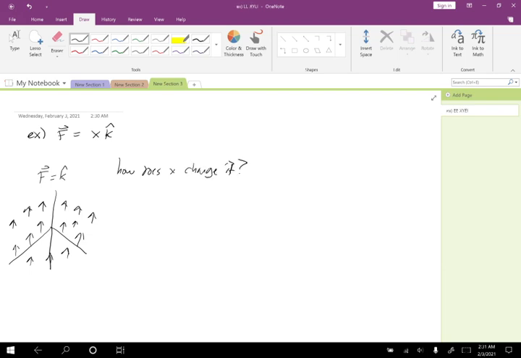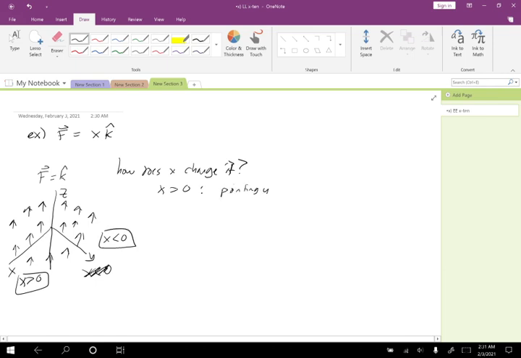Now, how does it change? How does x change it? So if x is greater than 0, then it means it's pointing up. And if x is less than 0, it will point down, right? Because as an example, if x equals 1, then you just get k.